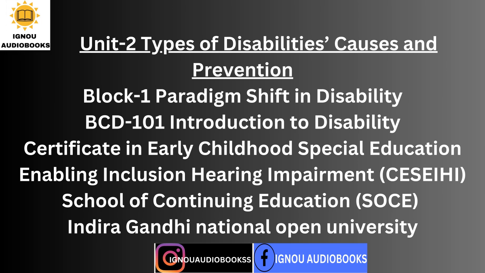In this unit, you will come to know about disabilities included in the RPWD Act 2016, their causes and measures for prevention. Objectives: after studying this unit, you will be able to use appropriate language for persons with disabilities, know the various types of disabilities as per the Rights of Persons with Disabilities Act 2016, and explain the causes of disabilities and how they can be prevented.